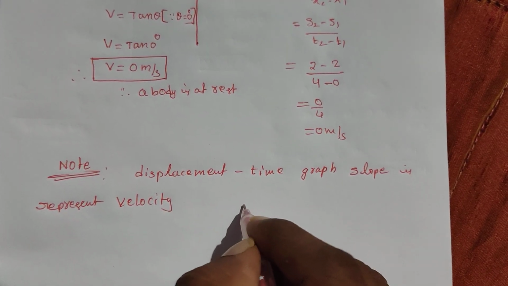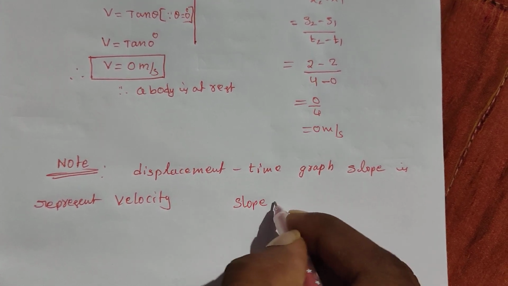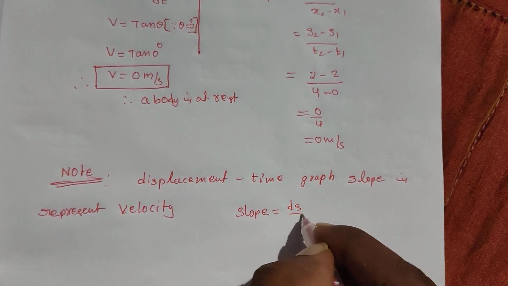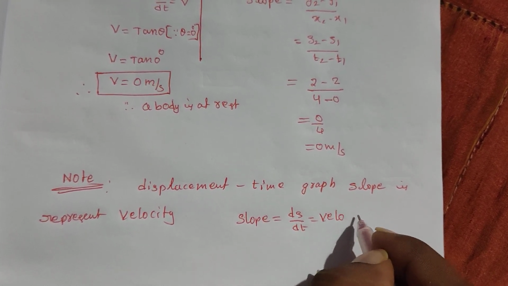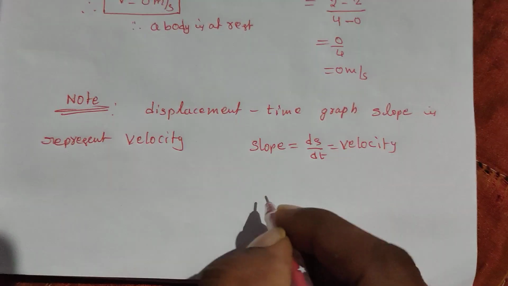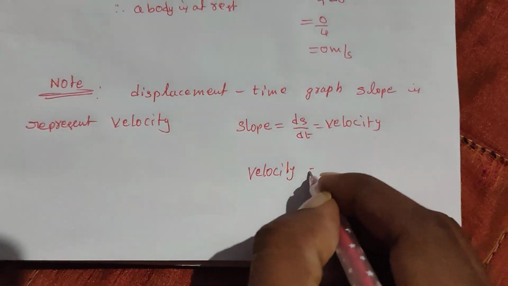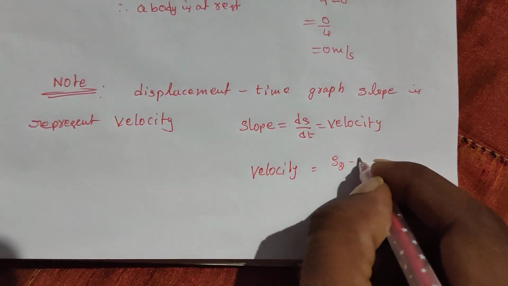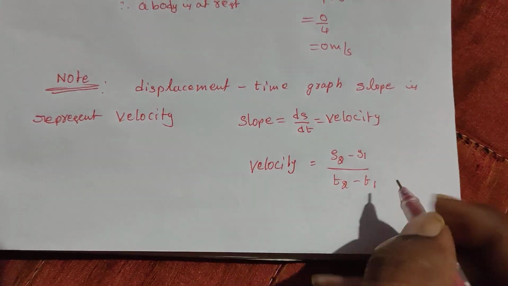Okay, so the formula for slope is equal to ds by dt, equal to velocity. Okay, understood? Here the velocity formula is equal to s2 minus s1 divided by t2 minus t1.